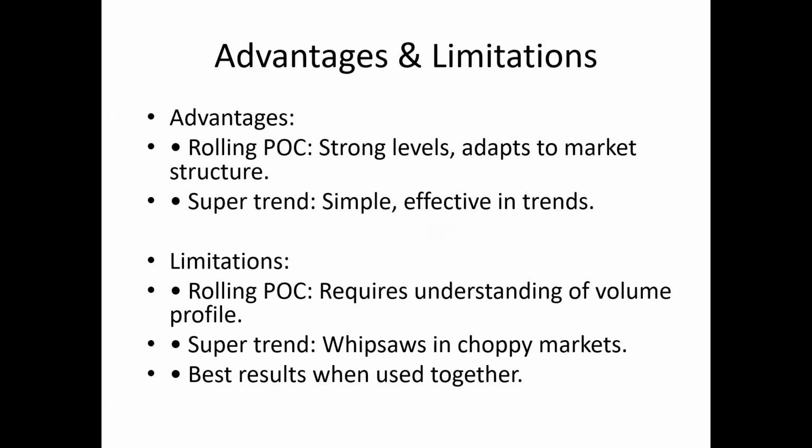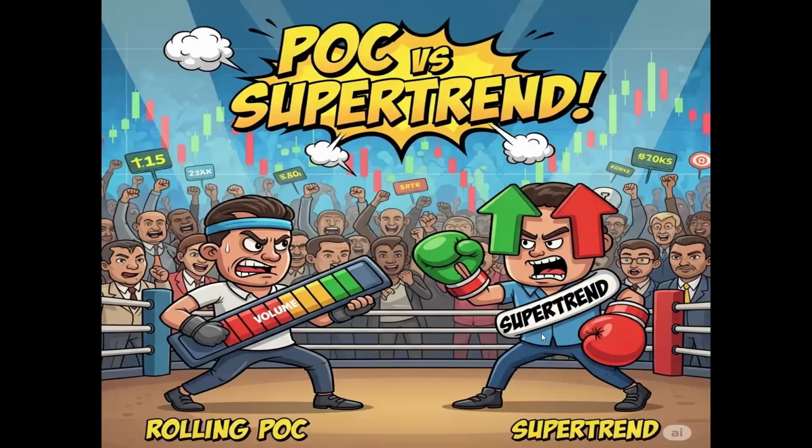Supertrend whipsaws in choppy markets. That is the problem with Supertrend. Best results will be achieved when they are used together.